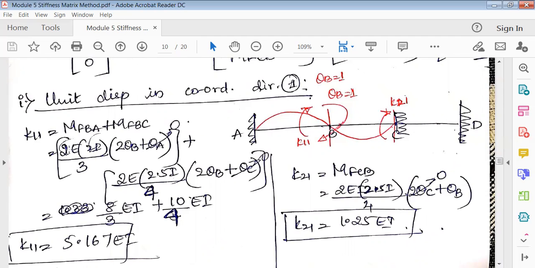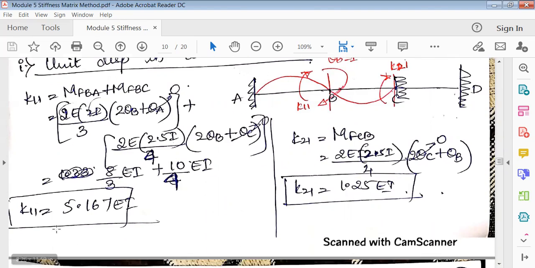Use the formula: MFBA is 2EI by L times 2 theta B plus theta A. Then on the right side plus 2EI, that is 2.5, again the I value is different here, check that, times 2 theta B plus theta C. Only theta A and theta C would be 0 because they are fixed. You have to release only the joint where you apply the rotation. Once you solve this, you get K11, that is 5.167 EI.